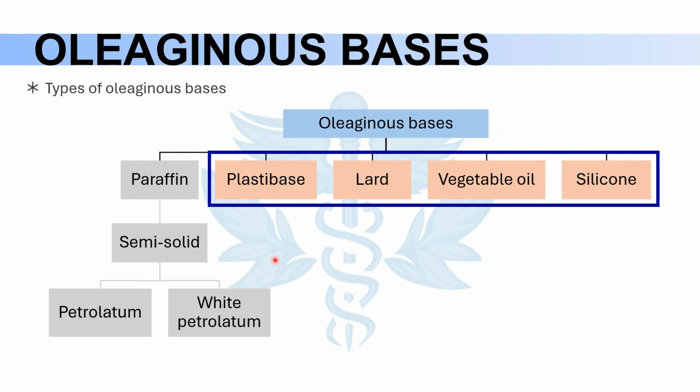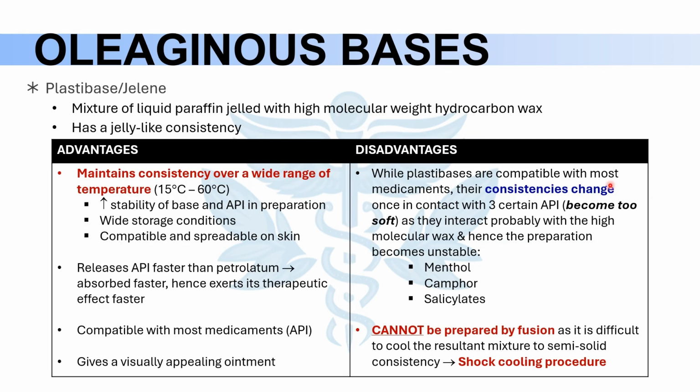So we finished talking about paraffins. Now we're going to move on to plastibases, lards, vegetable oils, and silicons. Don't worry, these bases won't take long to cover. The second type is Plastibase, also known as gelene. It is a mixture of liquid paraffin gelled with high molecular weight hydrocarbon wax.